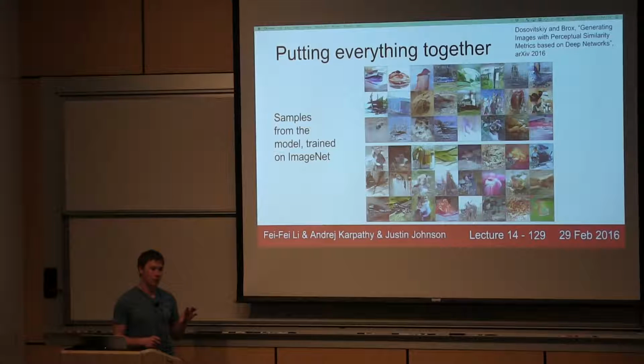And those beautiful bedroom samples that you saw were, again, training one model specific to bedrooms. But here, they actually trained one model on all of ImageNet. And still, these aren't real images, but they're definitely getting towards real-ish looking images. So I think these are pretty cool. I also think it's kind of fun to just take all these things and stick them together and hopefully get some really nice samples.